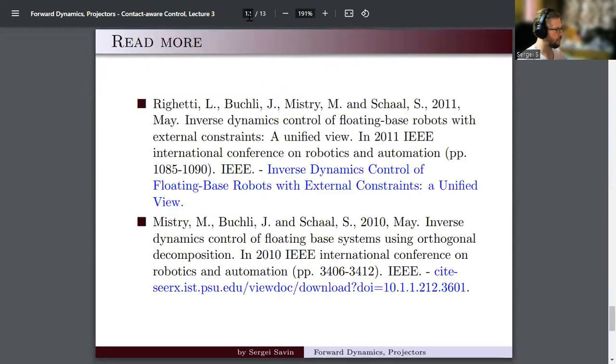Right? Yeah, so these guys, Righetti, Buckley, Mistry, and Shah, in some different configurations, like here, for example, another paper is by Mistry, Buckley, and Shah. That is not the only paper they wrote. There is a body of 5 or 6 papers at least.